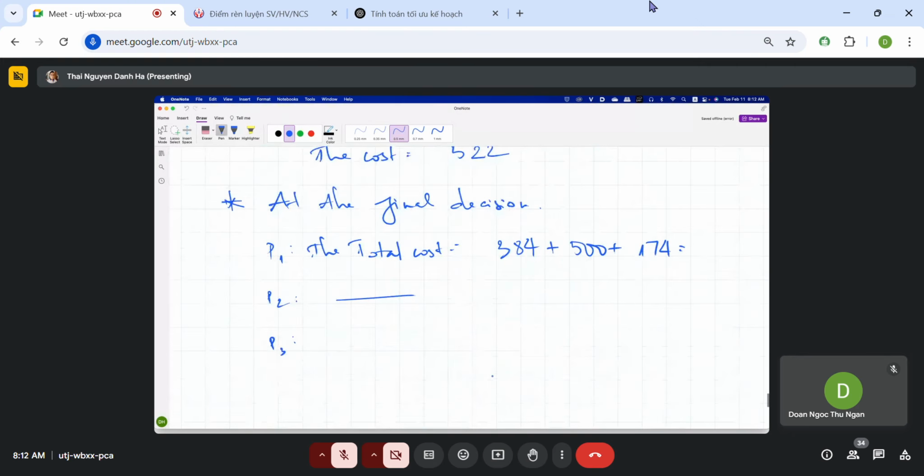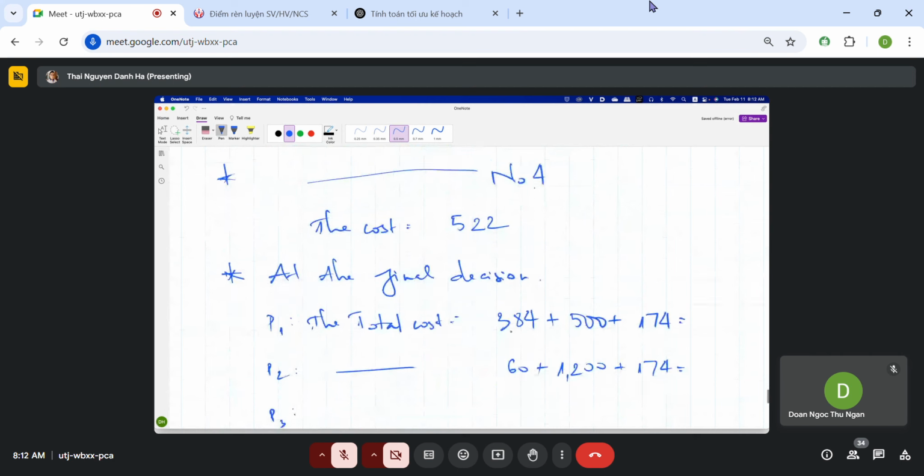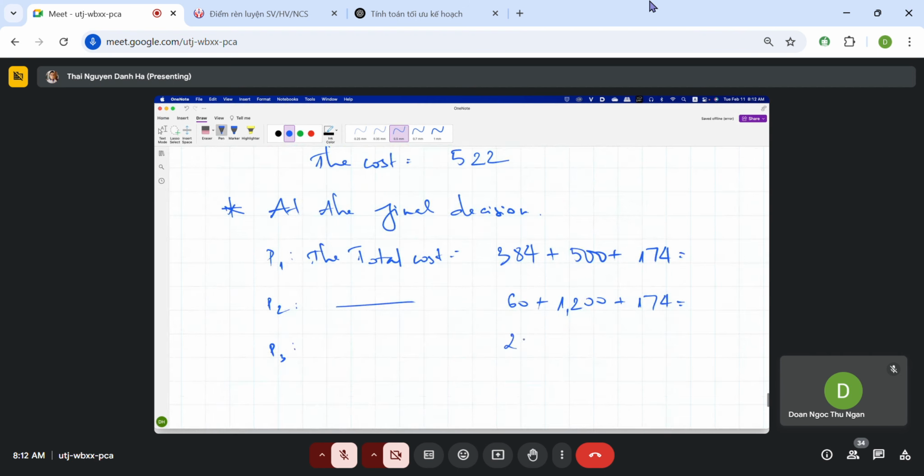City plus 1,200 plus 174. And the final one, 288 plus 522.